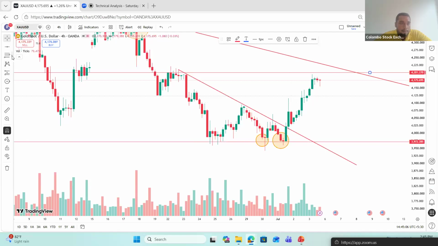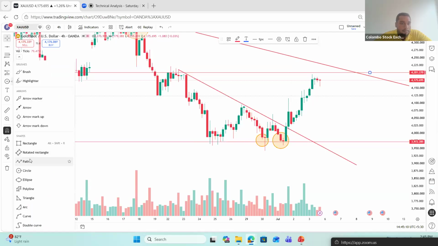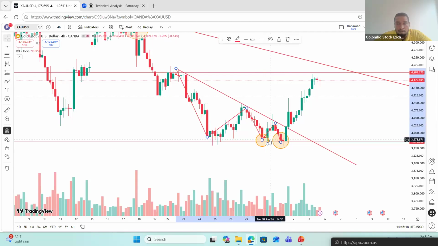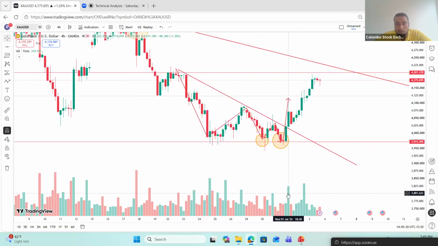This is the trend, which is a downtrend. At the bottom of the downtrend you see two dojis, and that tells us of a potential reversal. After that you see the trend line breakout with high volume.